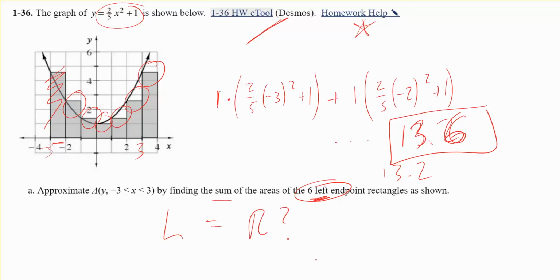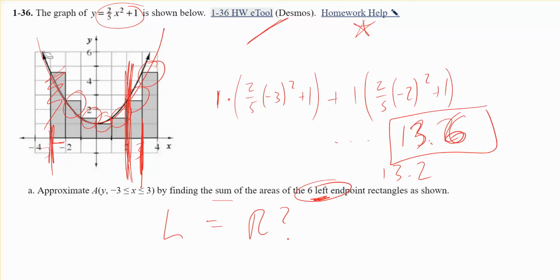And I hope you mentioned something in your discussion about symmetry, really. That because we went from -3 to 3, and because it was symmetric about the y-axis, its lefts and rights should always be equal. But now, had we gone from, say, -3 to -2, its lefts and rights would be different.